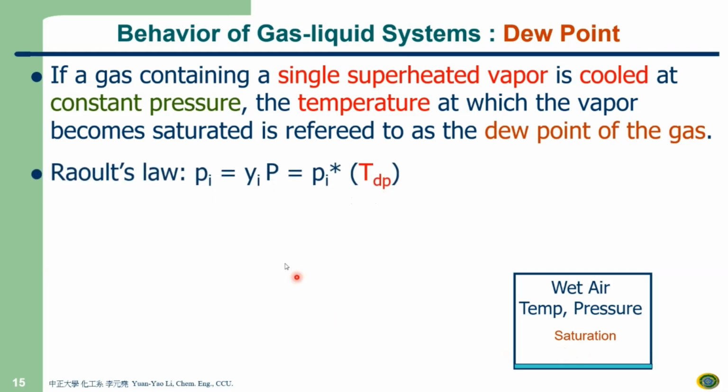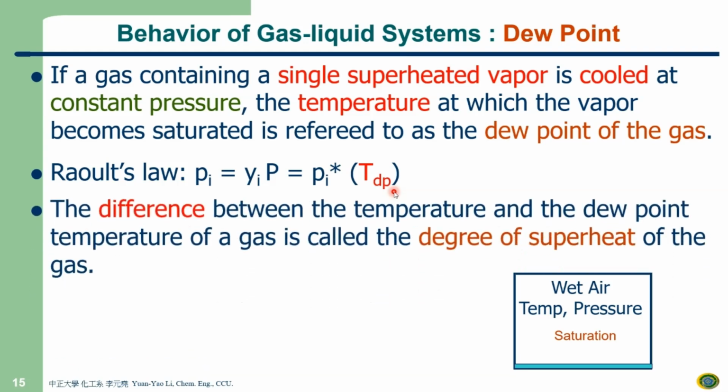So if you want to apply this to Raoult's law, T will be the dew point. So you play temperature around, decreasing the temperature from, for example, 100 Celsius to 90 Celsius to 80 Celsius, and 90 Celsius is the dew point, for example. So the difference between the temperature and the dew point temperature of the gas is called the degree of superheat of the gas.